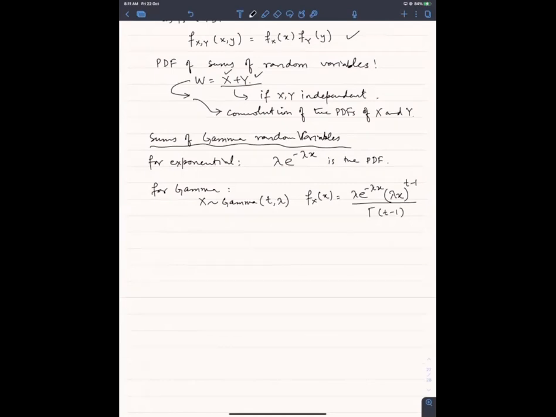And gamma of t is basically t minus 1 factorial, for t taking an integer value.